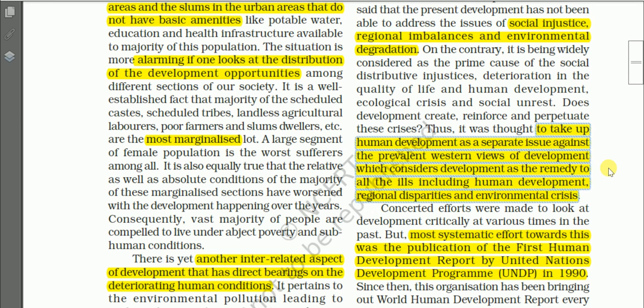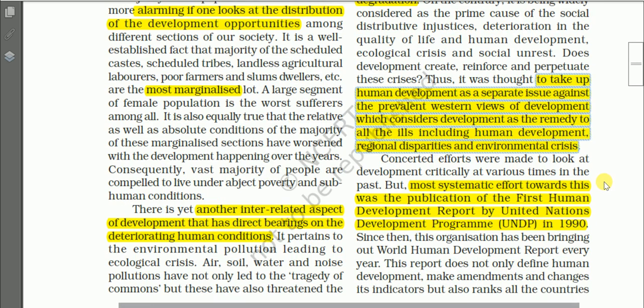Concerted efforts were made to look at development critically at various times in the past. But the most systematic effort towards this was the publication of the first Human Development Report by the United Nations Development Program, that is UNDP, in 1990.